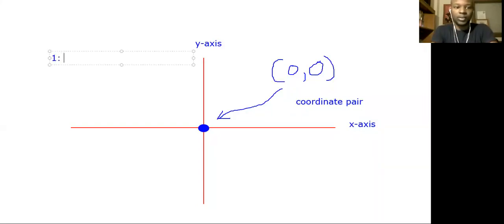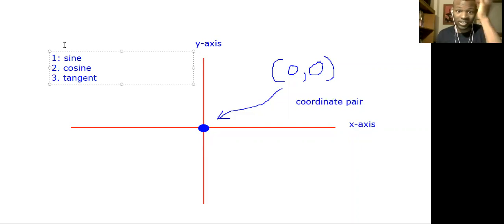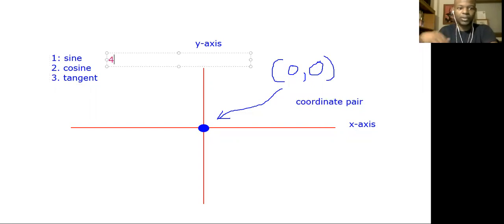Number 1, we have the sine function. Number 2 is cosine. Number 3 is tangent. Come on, fingers, get it together. Now I'm going to change the color here. Number 4 is cosecant.